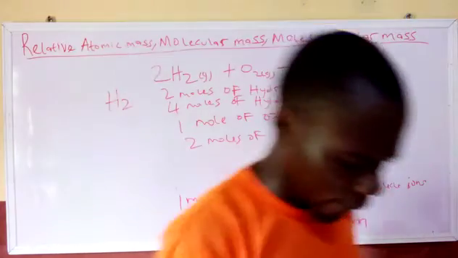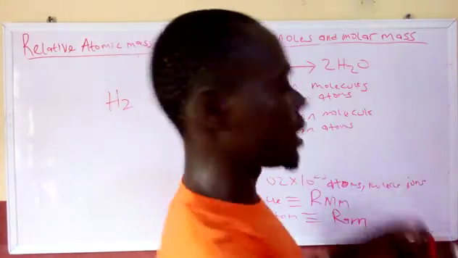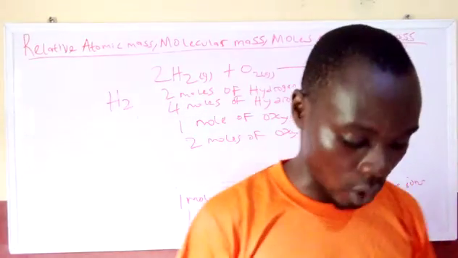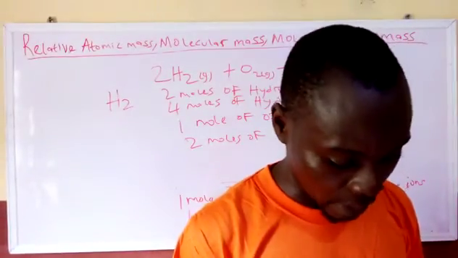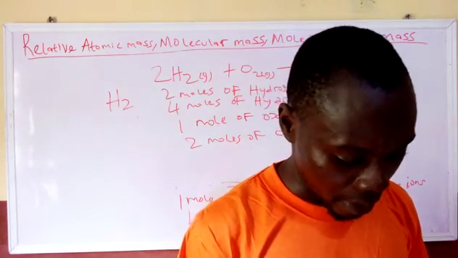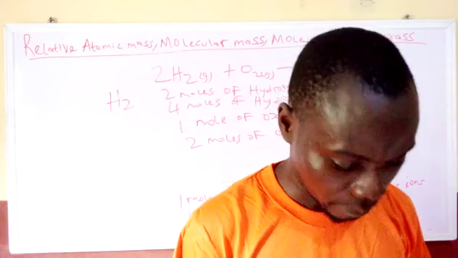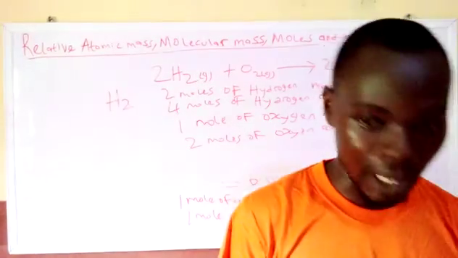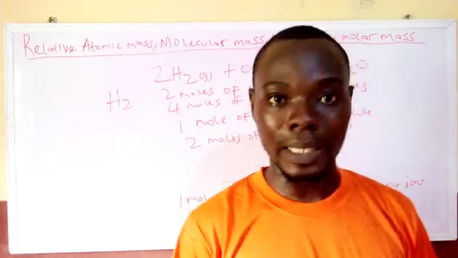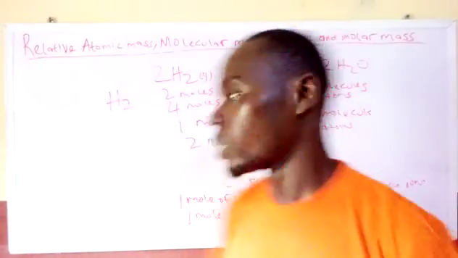Now let's move to molar mass. When talking of the molar mass of a substance, what exactly are you talking of? The molar mass of a substance can simply be defined as the mass of 1 mole of that substance, expressed in grams.